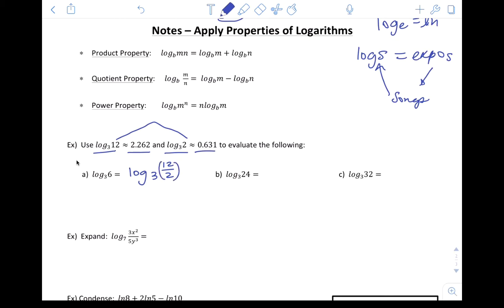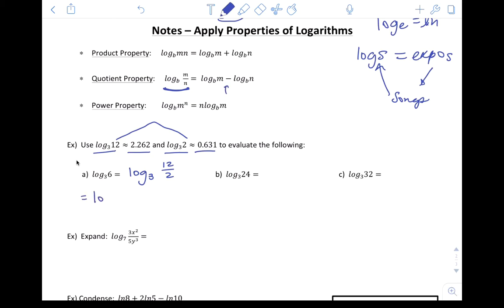Not multiplication, that's of. If I need to explain that a little bit better, maybe I need to make this a little smaller for you to make sure you see that it's like a subscript. It's a teeny tiny, there we go. Okay, so log base 3 of 12 divided by 2. Well, how can I use that? Well, when you divide those variables, you subtract their exponents, their logarithms.